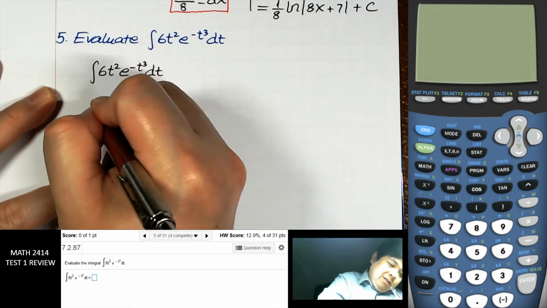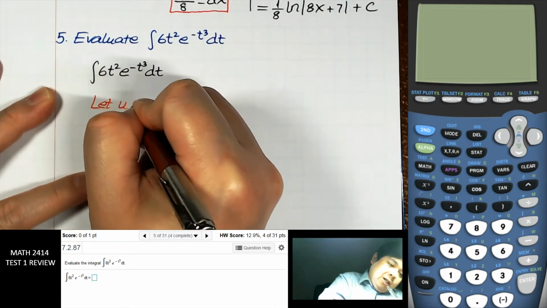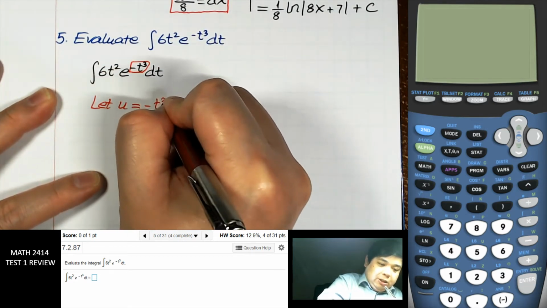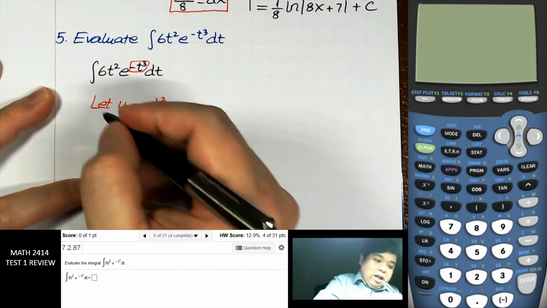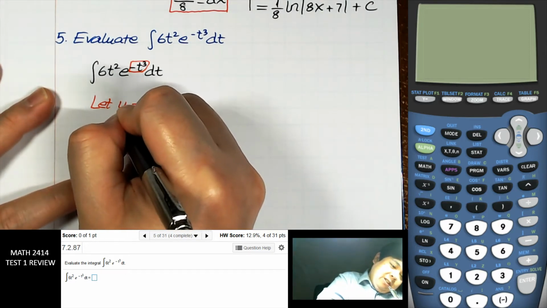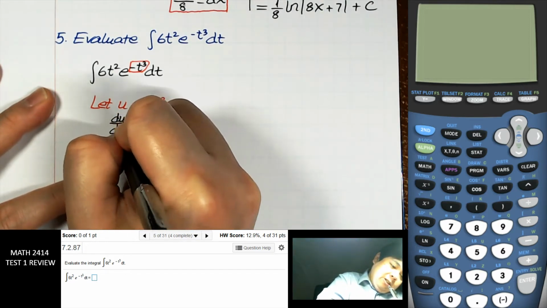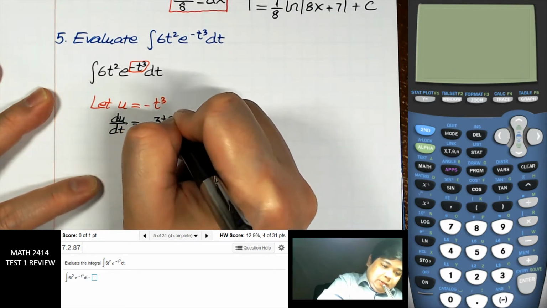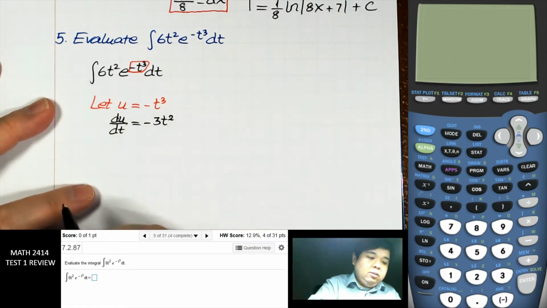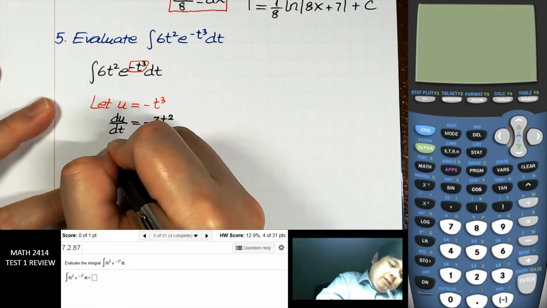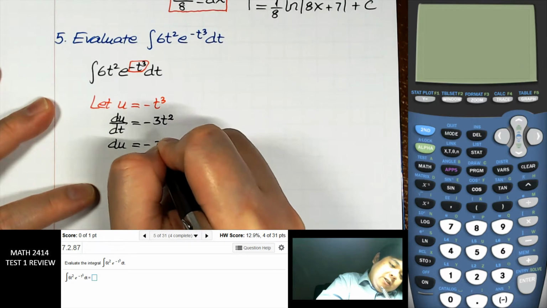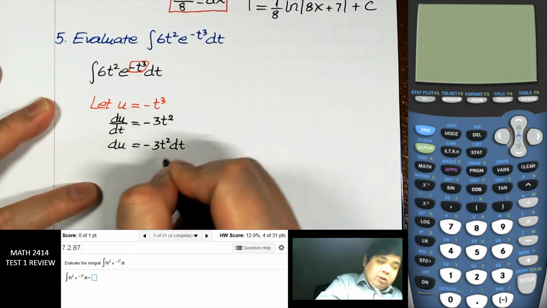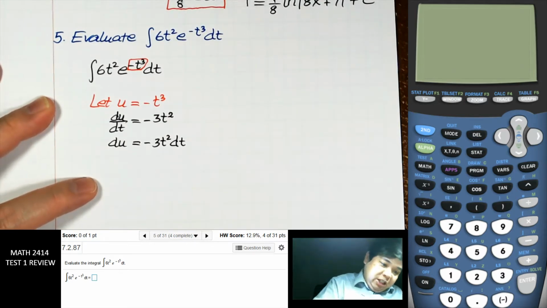Let u be negative t cube, and then we take the derivative. Move the dt up and divide by the negative 3t squared.